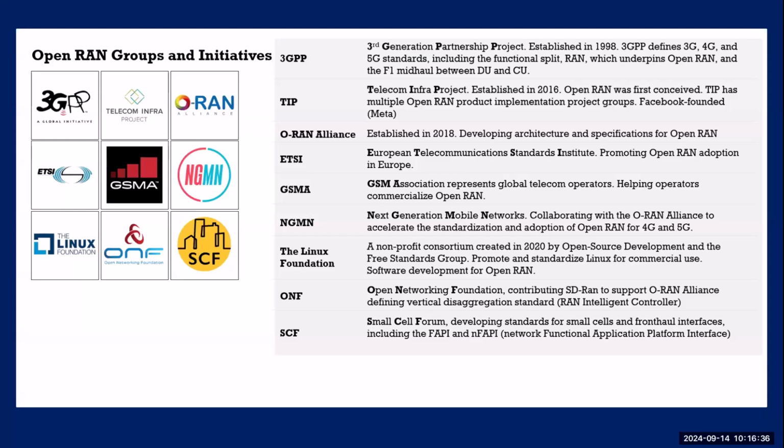FAPI and the nFAPI, no? Yeah, Network Functional Application Platform Interface. Okay. So these are the parties or organizations that work together to avoid the duplication of work para hindi overlapping. Use the same standards, support development, and encourage adoption. Okay. So ito yung mga different groups and initiatives.